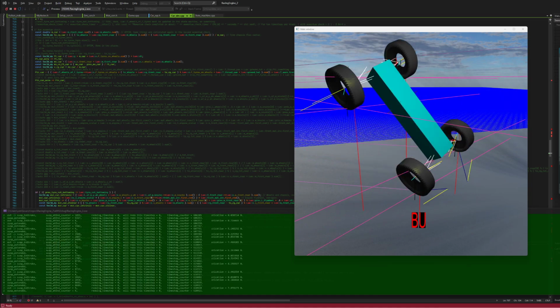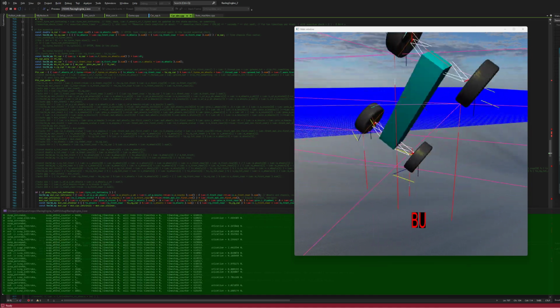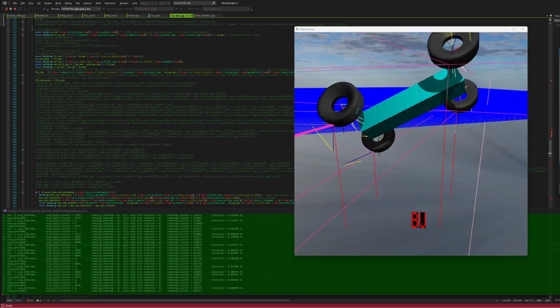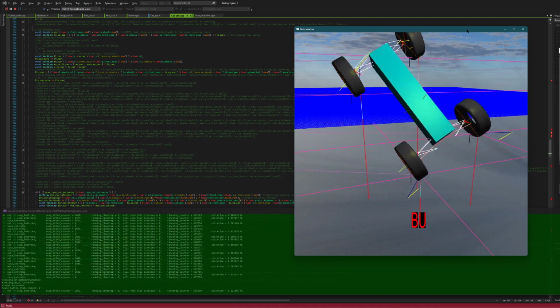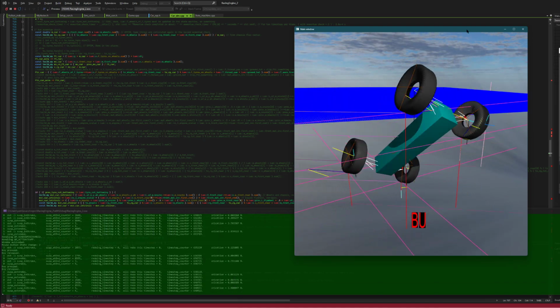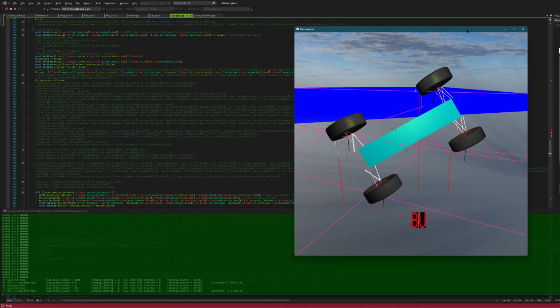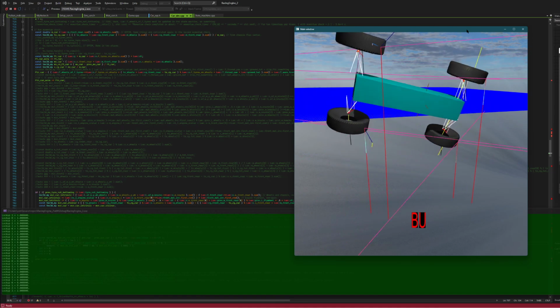Anyway, no. Why isn't this working? Oh, right, so now I'm floating downwards. Anyway, right, so now my angular momentum is not zero anymore.